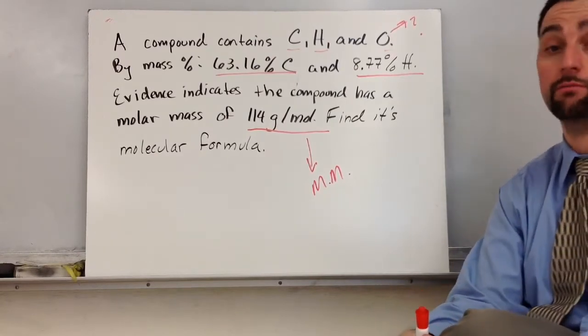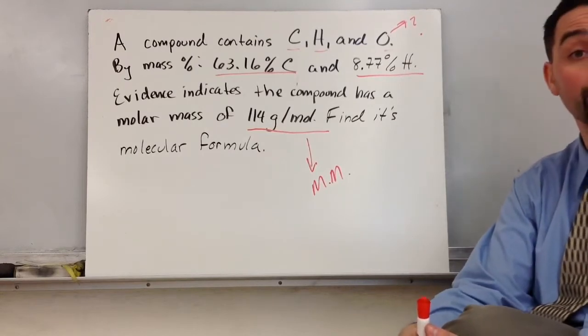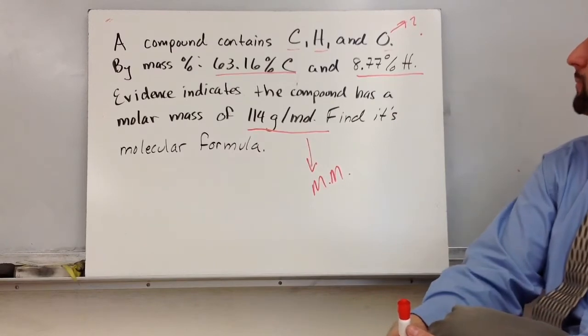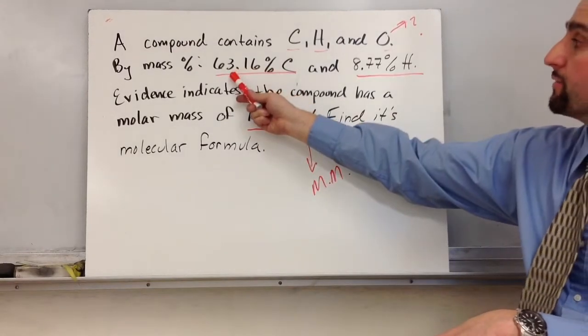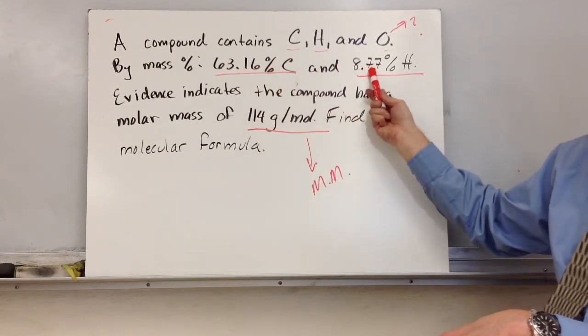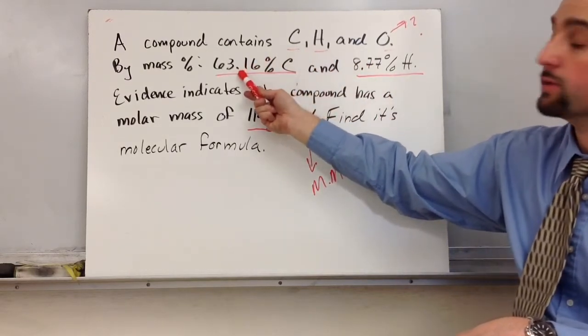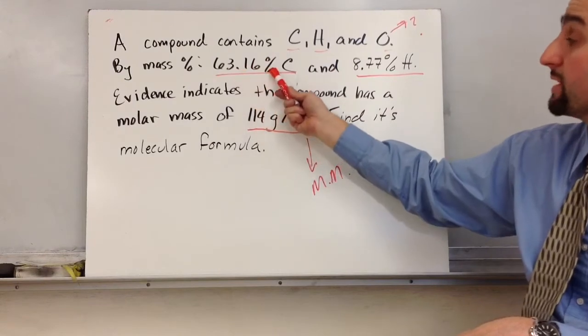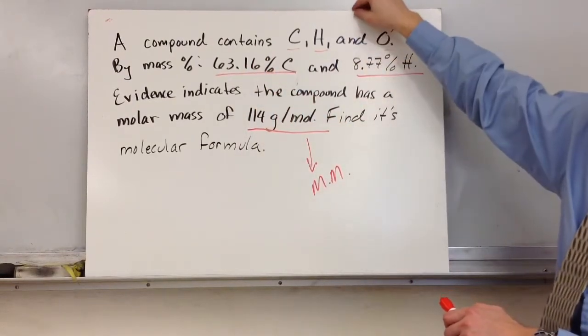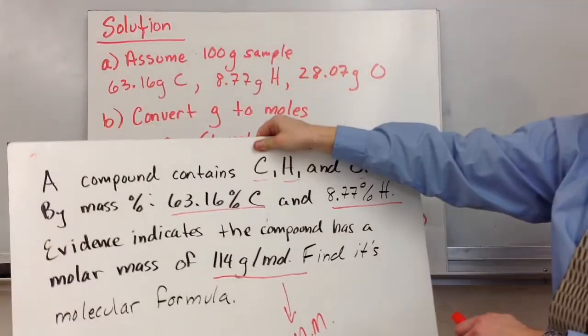Percent per 100. So let's assume we have a 100 gram sample. If this is the value per 100, then these two numbers, 8.77 and 63.16, simply go from percentages to grams. It's a real easy assumption.